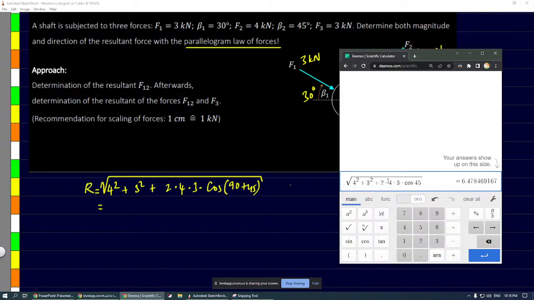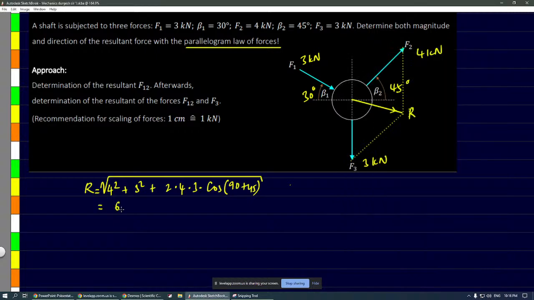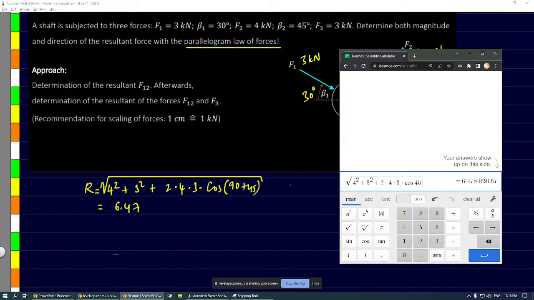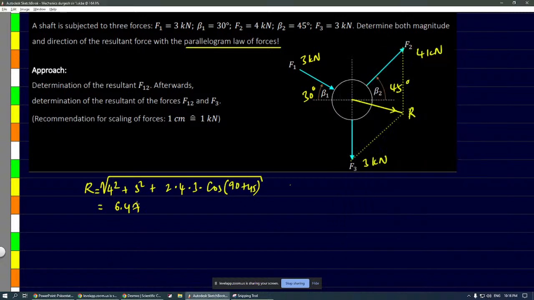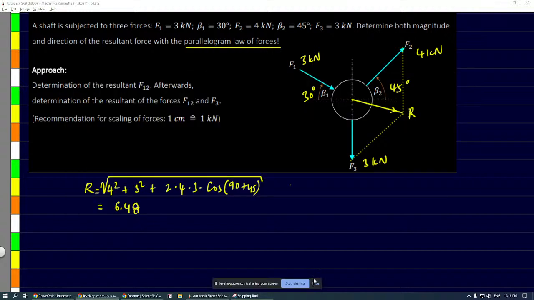Cos 45, so I get 6.48. How much did you get? I'm getting 2.84, sir. 6.48 cannot be possible. Sir, I don't know, something is wrong with my calculator.